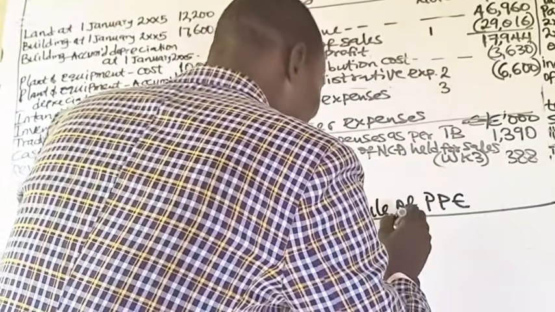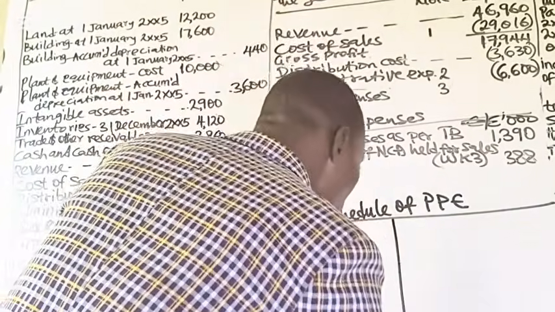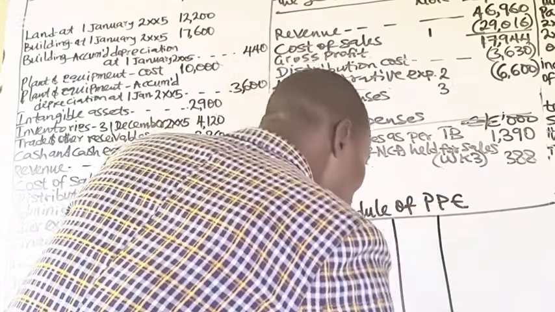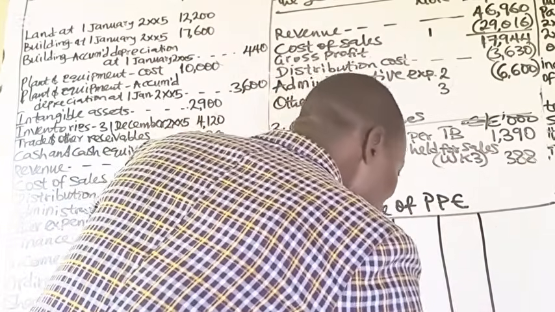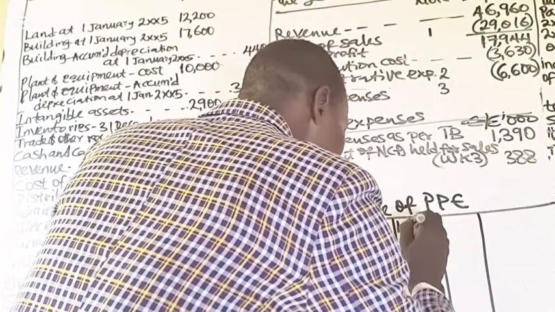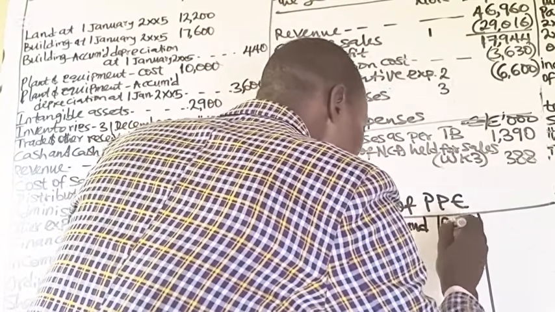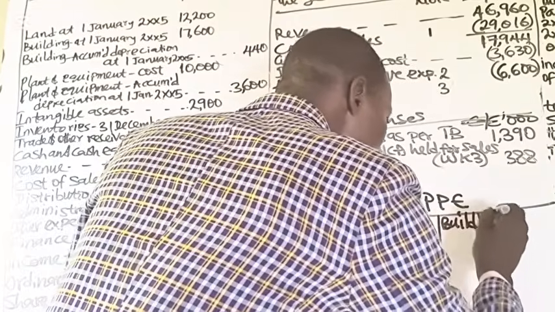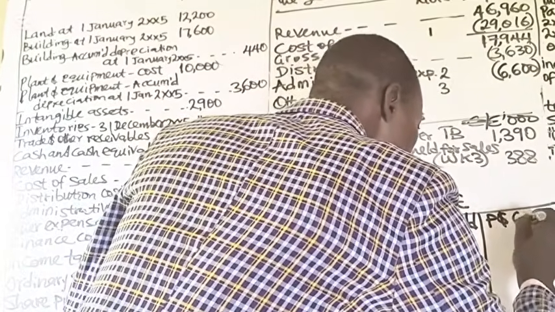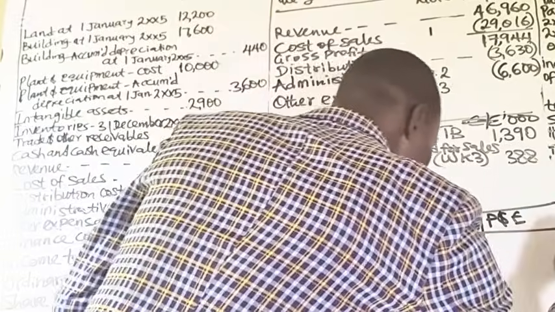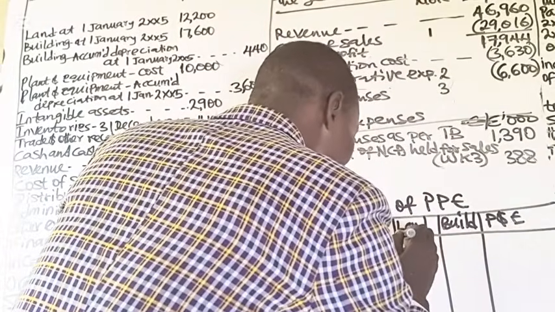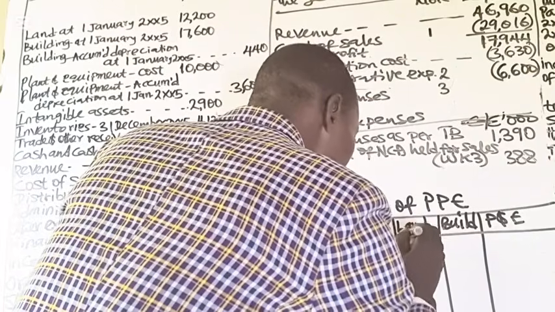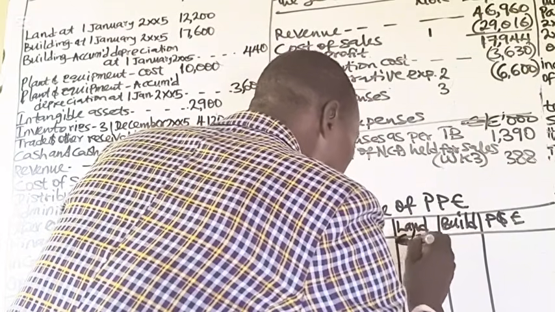And the property, plant, and equipment we have include land, building, and plant and equipment. These are the PPE we have in the question. Amount is in 1,000 euro.